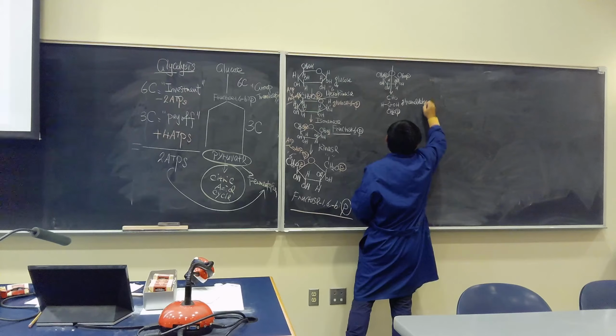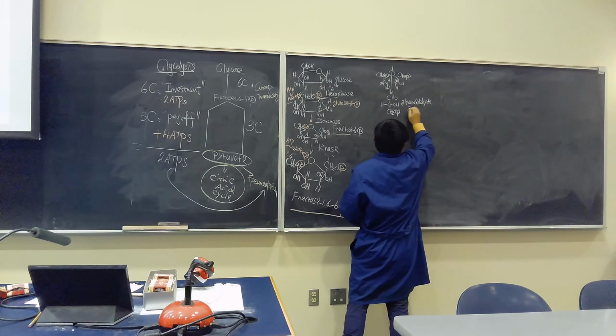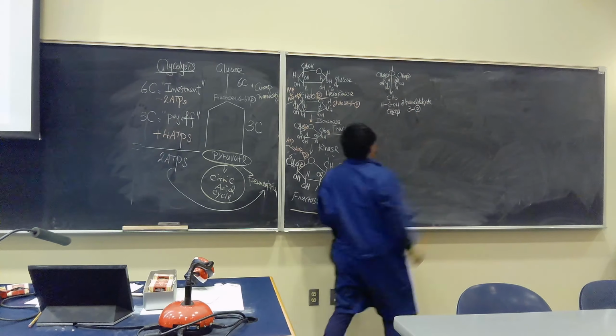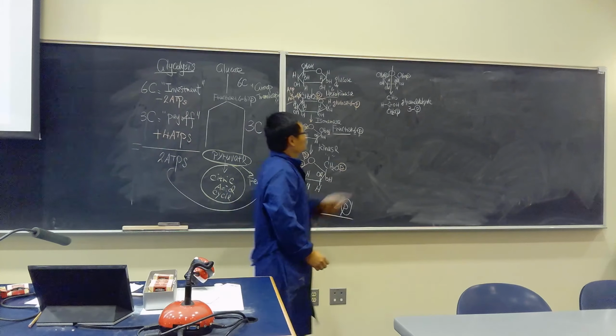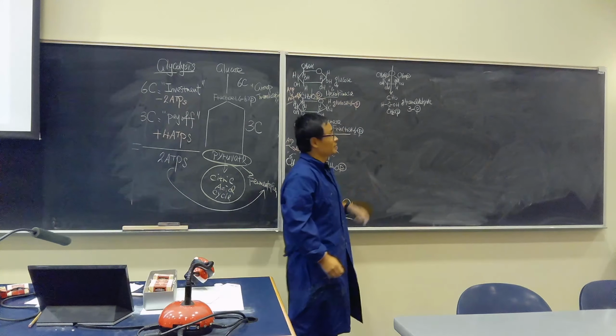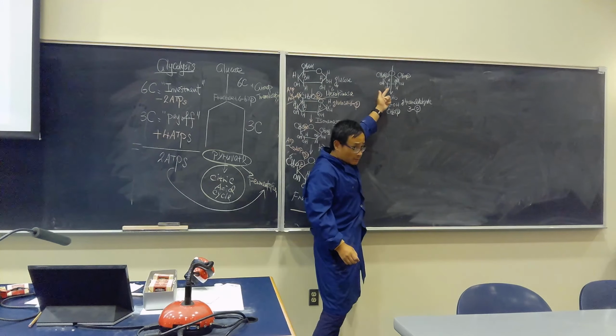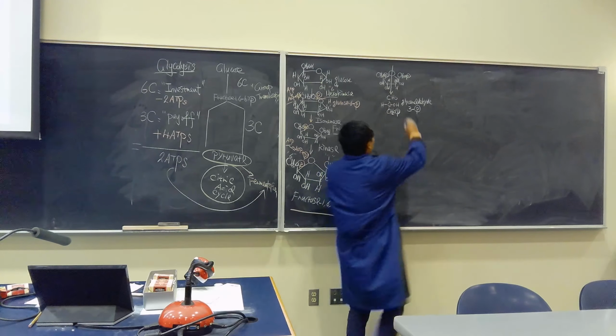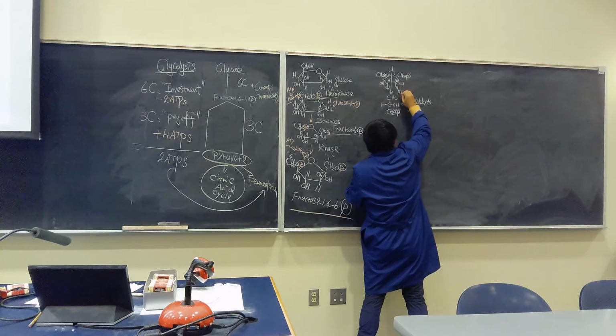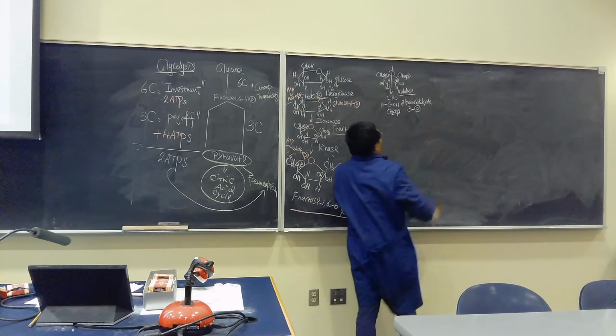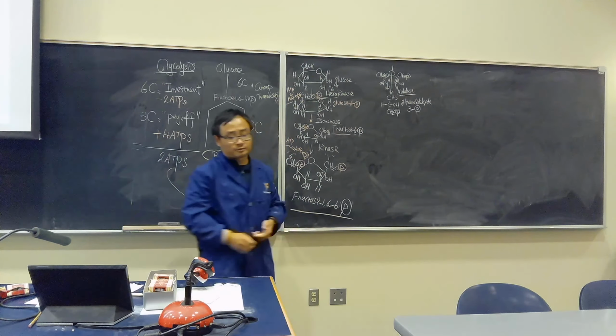Glyceraldehyde 3-phosphate. Because we cut it, what is the enzyme? A 6-carbon sugar becomes a 3-carbon sugar. Aldolase. Now this is something you may have to remember. Aldose, which means 3 carbon.